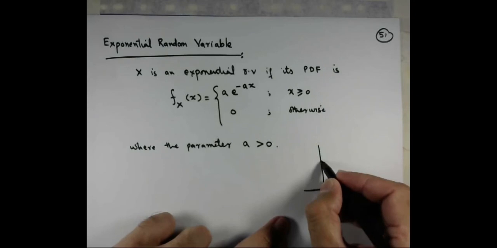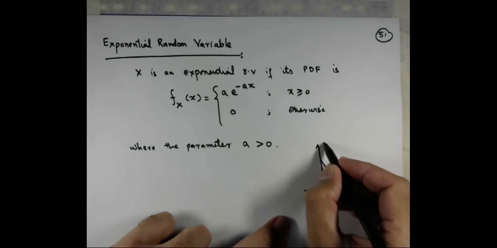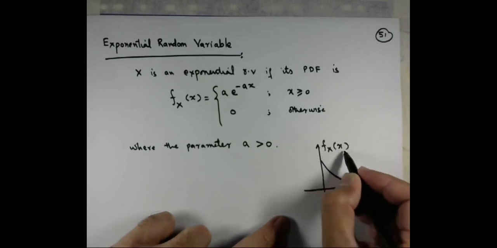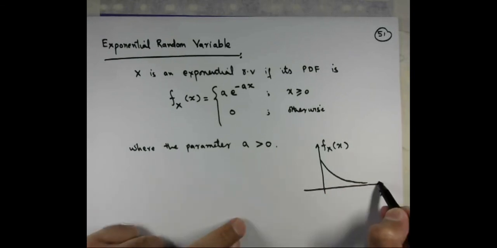So you see, this is something like a negative exponential; this is the PDF and this is the range of the variable. The total area under this PDF is 1, but this area becomes 1 only at infinity. Always remember this.